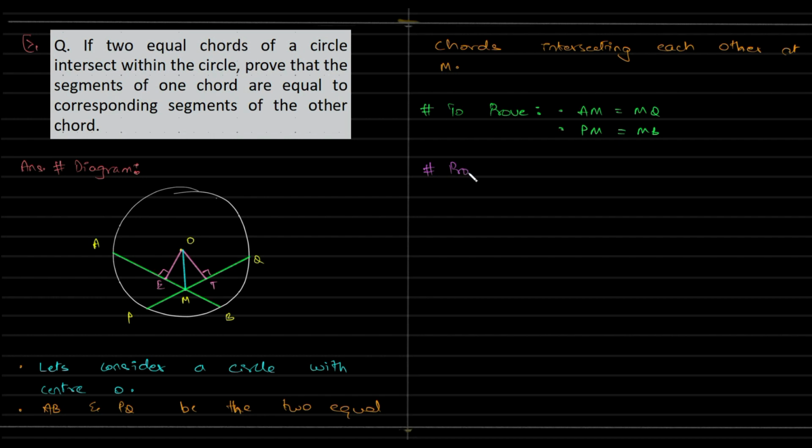So proof. How will we go about proving this? First thing first, drop OE perpendicular to AB and OT perpendicular to PQ. So they act like perpendicular bisectors actually. Anyways, that we'll talk about later. With this in mind, can we go about proving this?